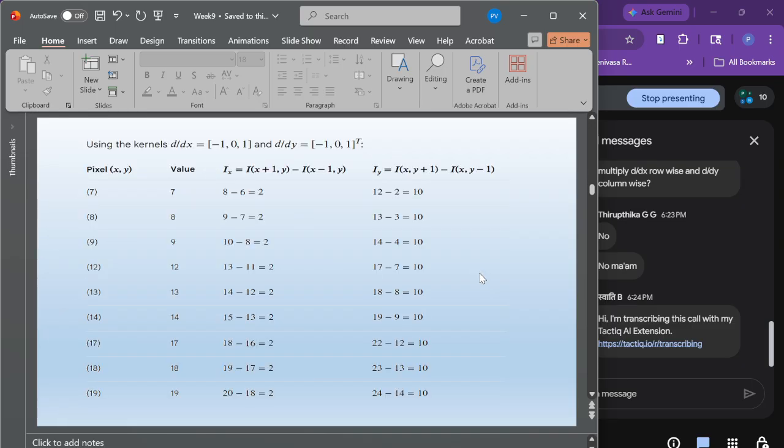So if you see, you get 2 for all the values in the 3 cross 3 matrix, the horizontal gradient.